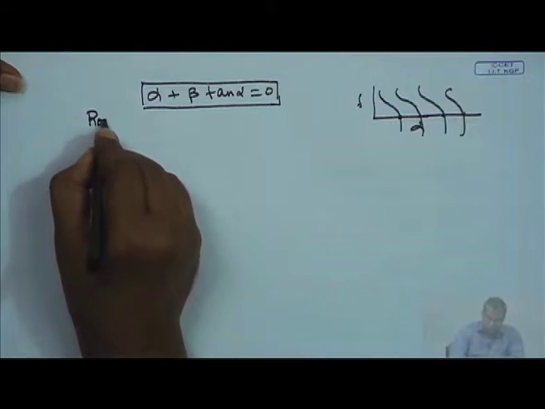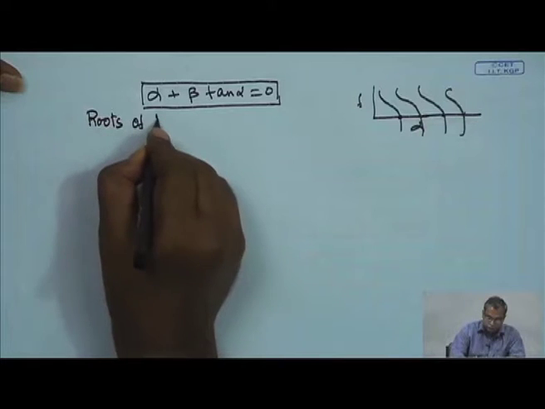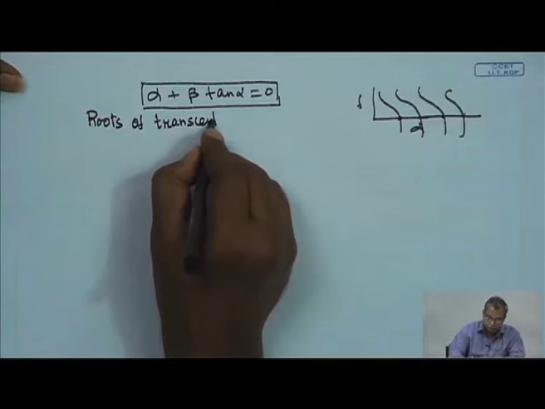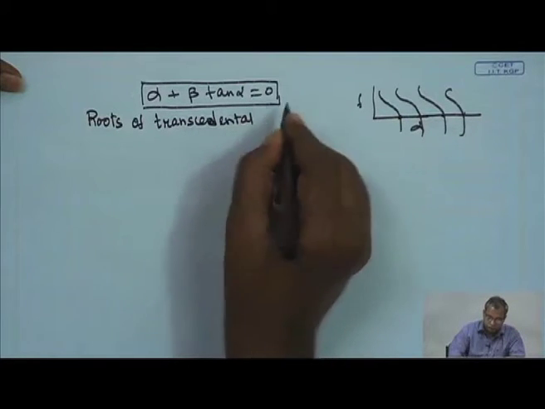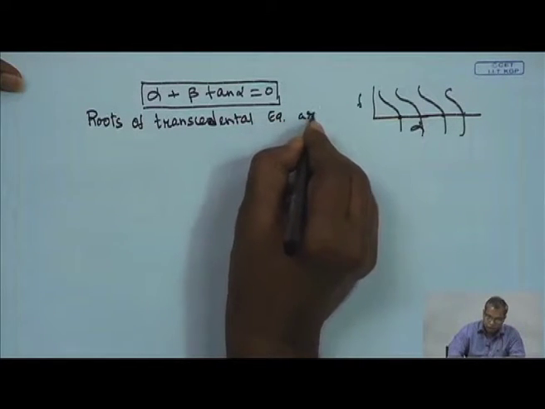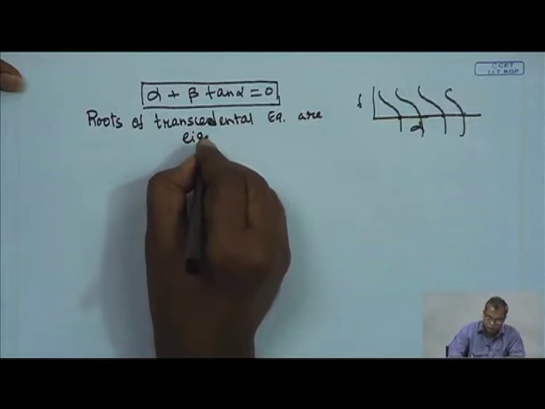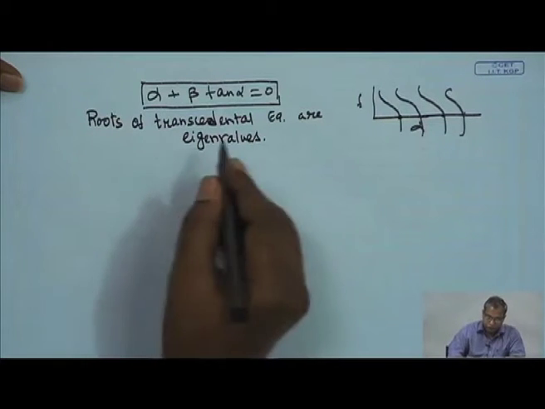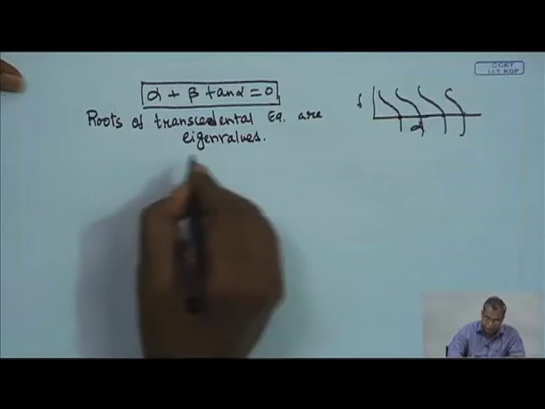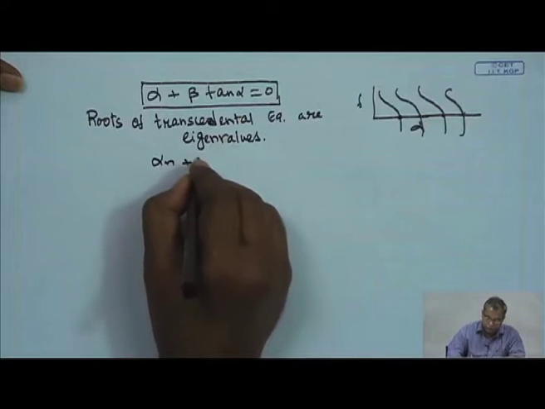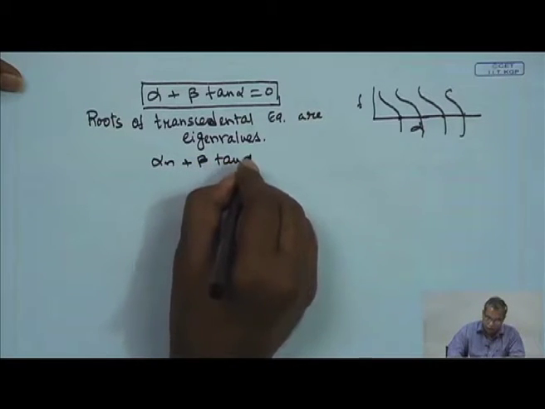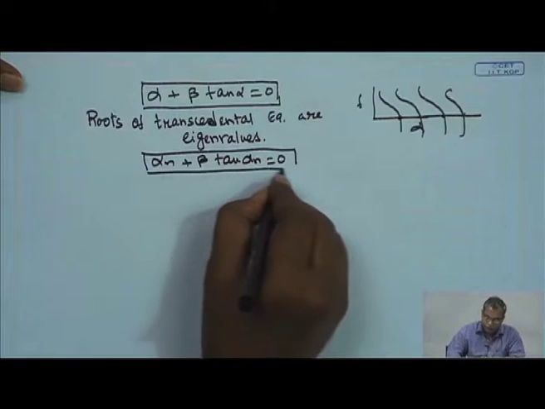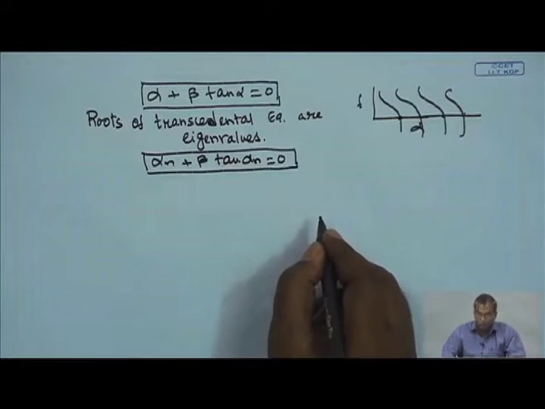So roots of this transcendental equation are eigenvalues. So, we denote them as alpha n plus beta tan alpha n equal to 0. So, how will these roots be evaluated? These roots can be evaluated by using a Newton-Raphson technique.